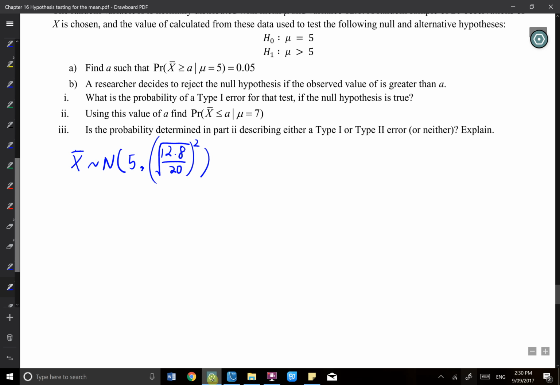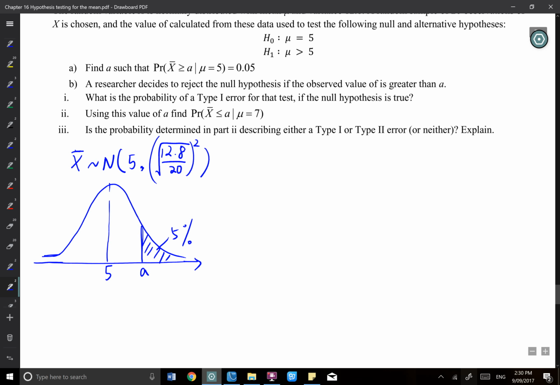Mu is actually 5. That is my true distribution, with mu 5. I'm looking for some value A such that the probability of x bar greater than A gives me 5%.